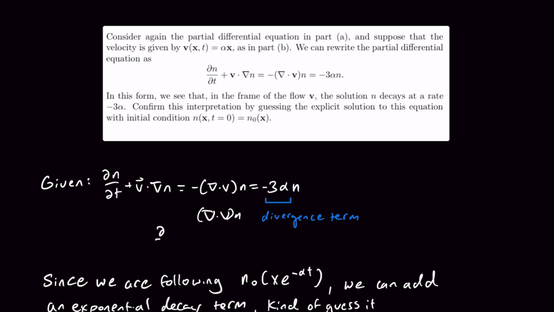That's also the same as d vx over dx plus d vy over dy plus dot dot dot, which equals 1 plus 1 plus 1, which equals 3. So that's how you get the 3 from here.